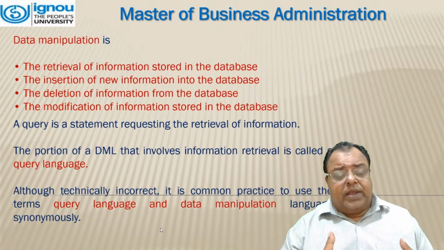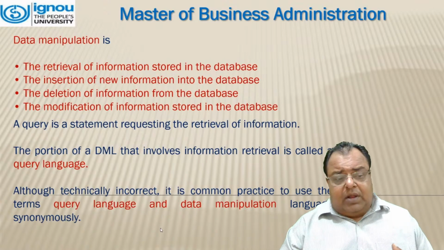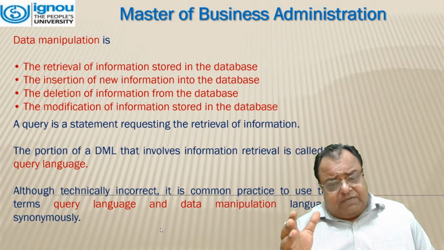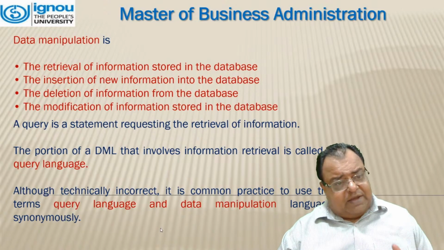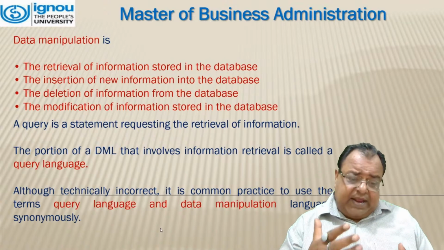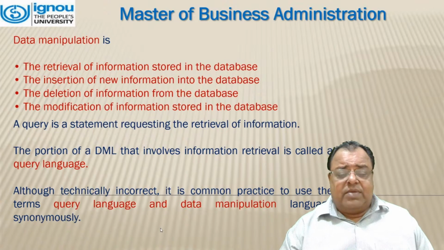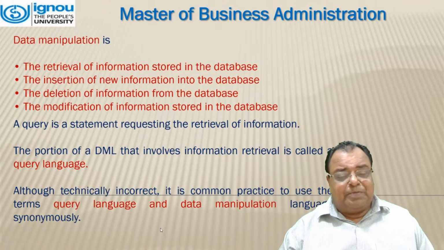A query is a statement requesting the retrieval of information. The portion of the DML that involves information retrieval is called a query language. Although technically incorrect, it is a common practice to use the terms query language and data manipulation language synonymously.